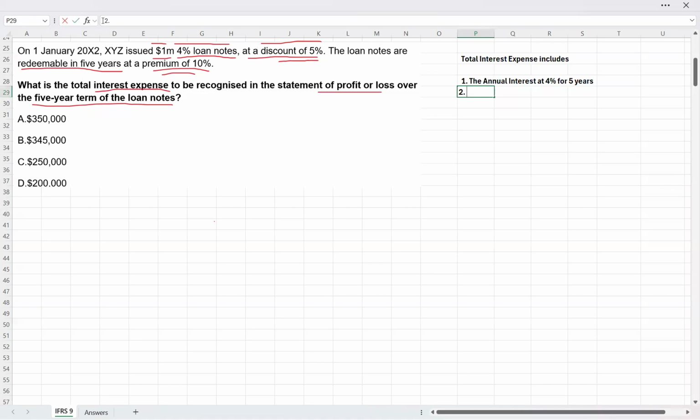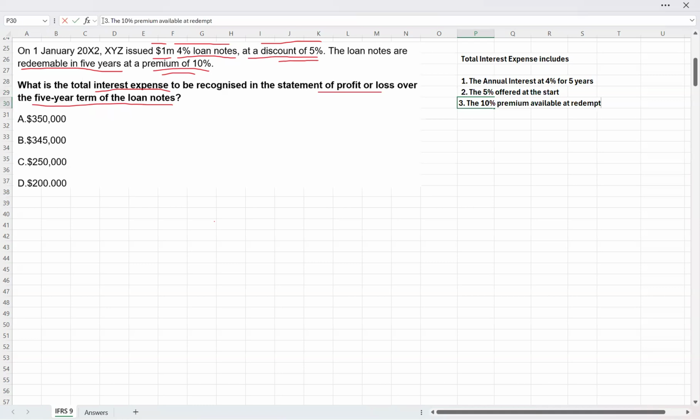The second thing is going to be the discount offered, the 5% discount offered at the start. And the third thing is going to be the 10% premium available at redemption.